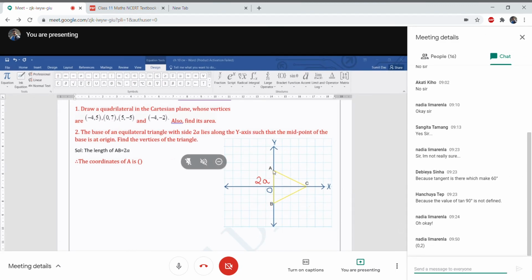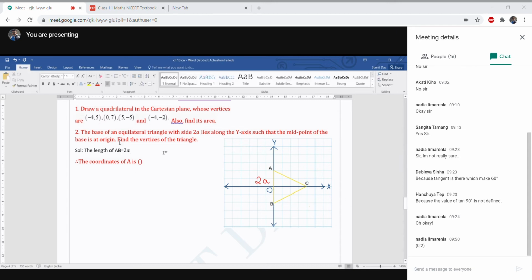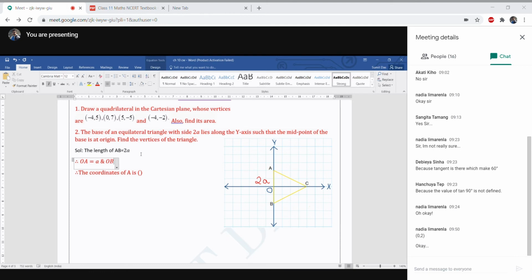If AB is 2a, then half, AO will be how much? a, and OB will be a. Therefore, OA will be equal to a and OB equal to a. The length of OA will be a and the length of OB will be a.